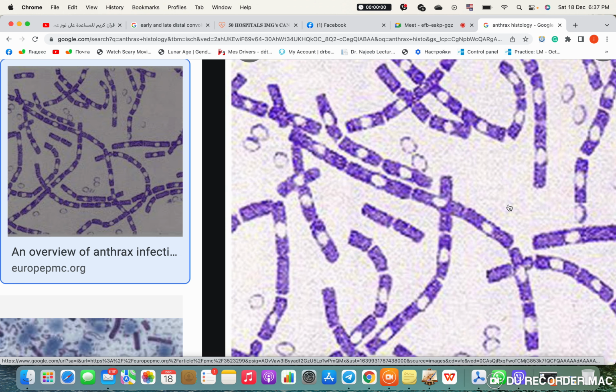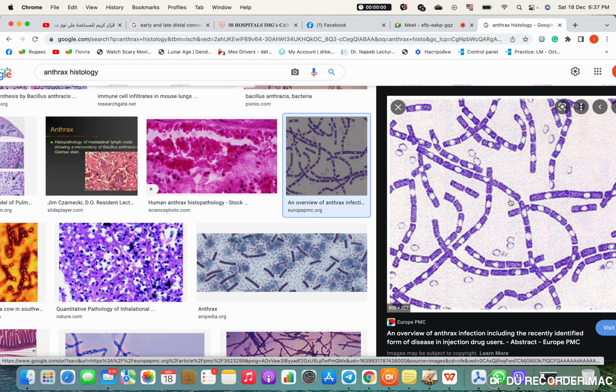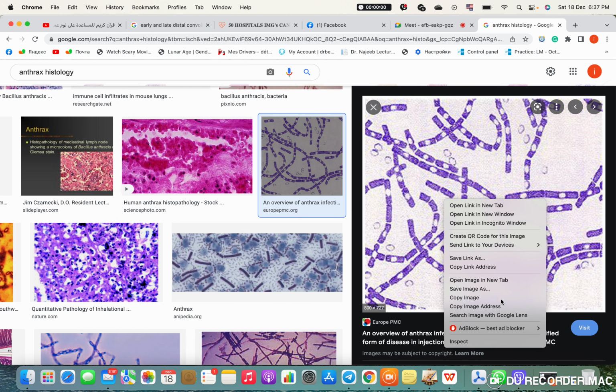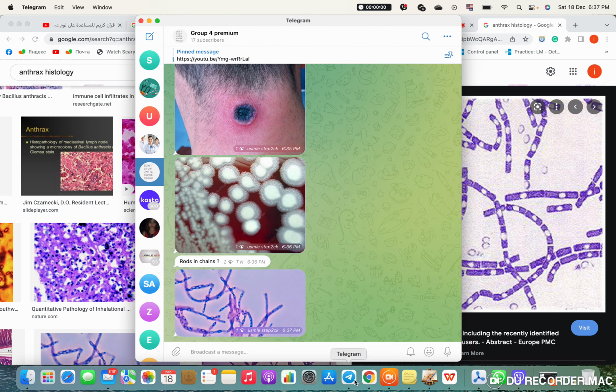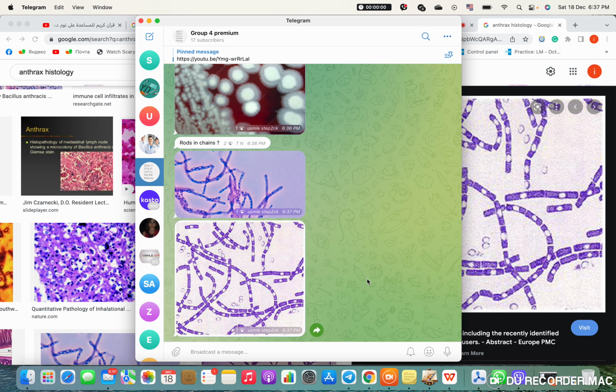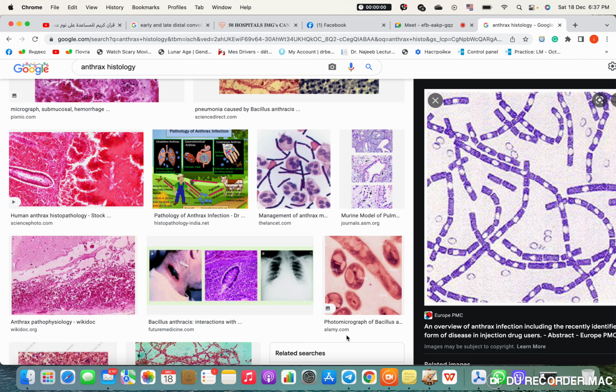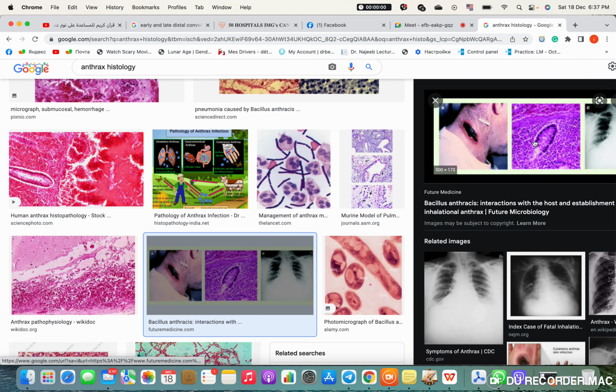I always imagine anthrax to be a train, and this train is coming to hit you. So anthrax is a train, and it has endospores inside of it. And they describe it as rods in chains. That's correct. Good. The next thing we are going to speak about, oh yeah, look at this perfect image.